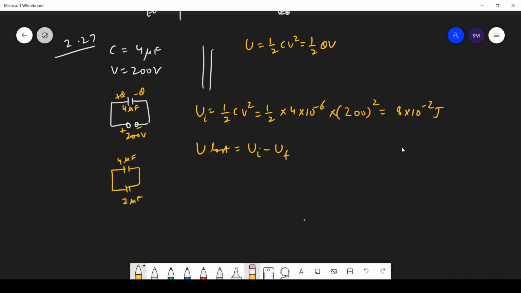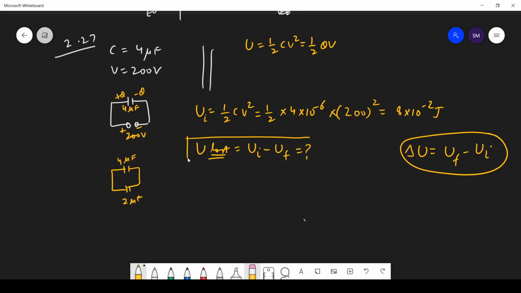So if you are writing change, it is always final minus initial. But you are writing here lost, so lost means greater minus smaller, right? Okay, so we need to find Uf also. Ui we know.